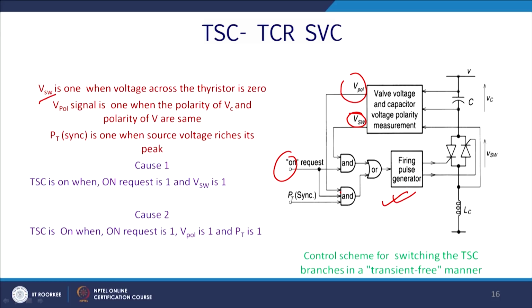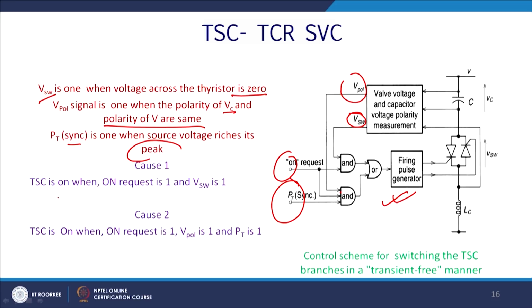When SW1 is high, or 1, the voltage across the thyristor is 0. That is the information it should carry. The pole voltage signal is 1 when the polarity of Vc and the polarity of the line voltage of the grid are the same, and PT is synchronized to 1 when the source voltage reaches its peak.